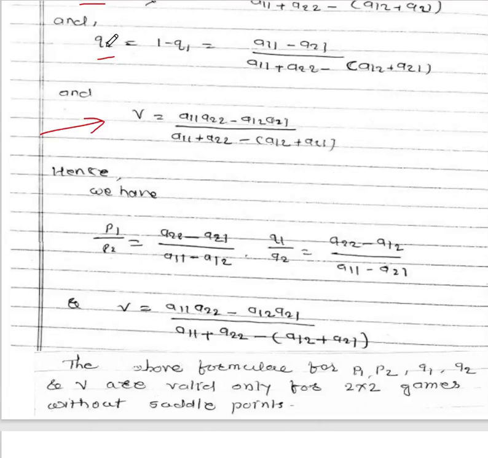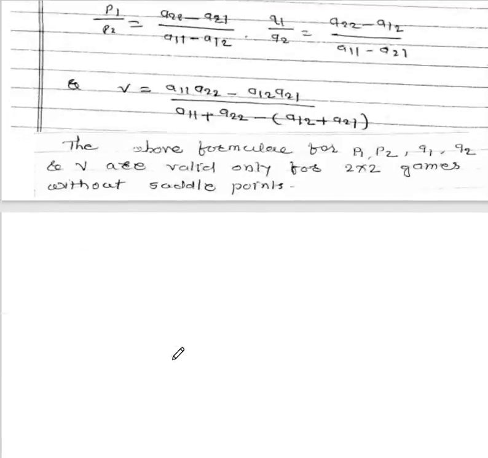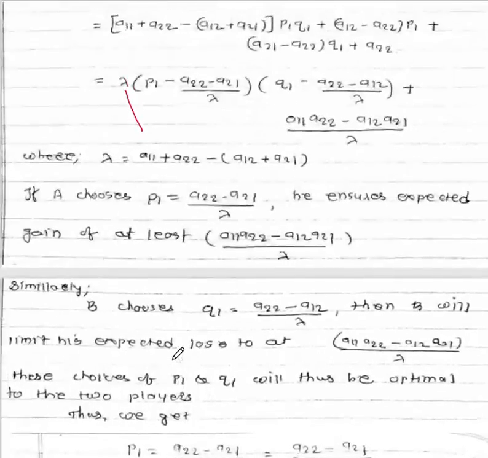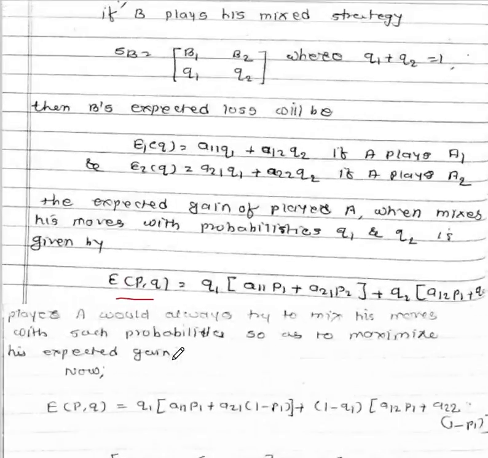Okay, so if the given game is without saddle point, then we can find the strategies and the value of the game for player A and player B. So we can use this formula if the given game is 2 by 2 and without saddle point. So in this way we have seen the proof of this theorem.